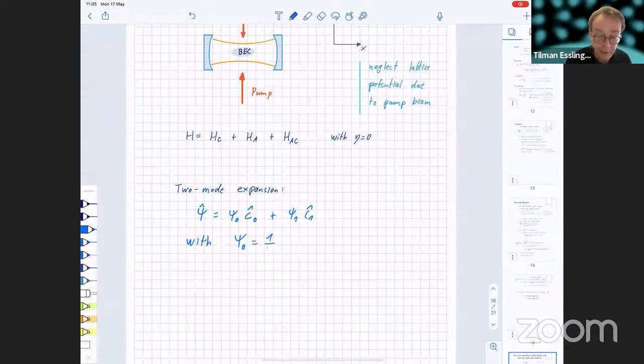For the momentum zero state, you just take, for example, one over the square root of the volume, a constant. And the next higher mode is a cosine modulated distribution.